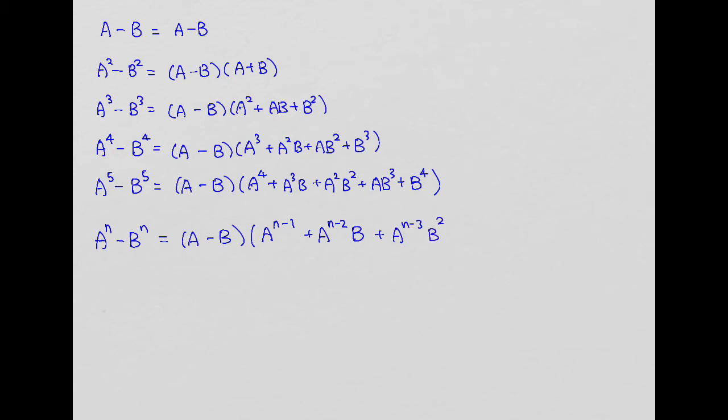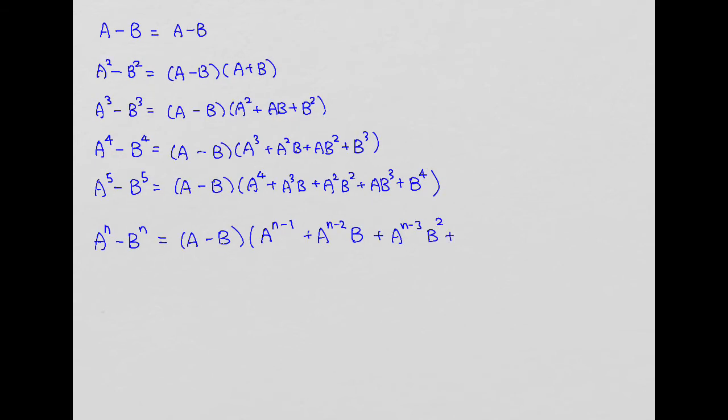But we don't know how many terms there are, so we say plus dot, dot, dot. Three dots means and so on. And then fill in the last one, so bⁿ⁻¹. And the second last term will be bⁿ⁻² with an a. And that's our general formula for factoring a binomial.